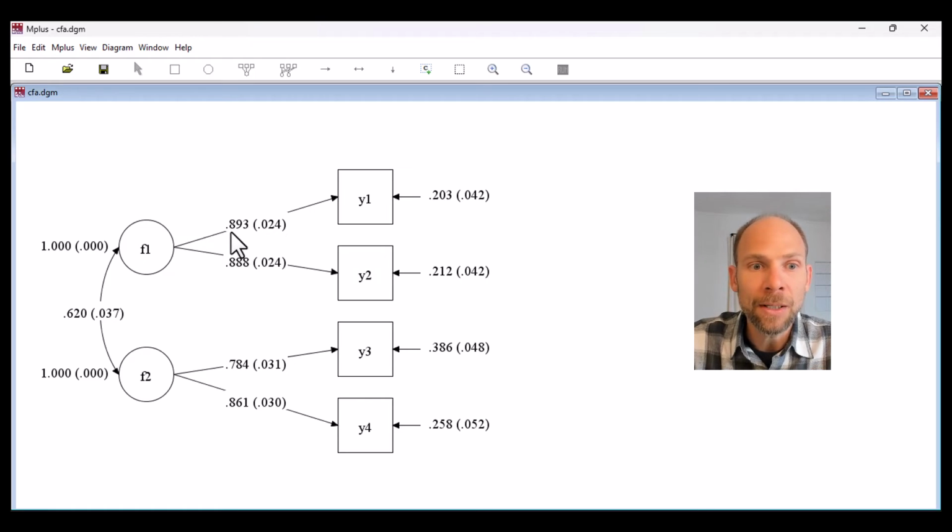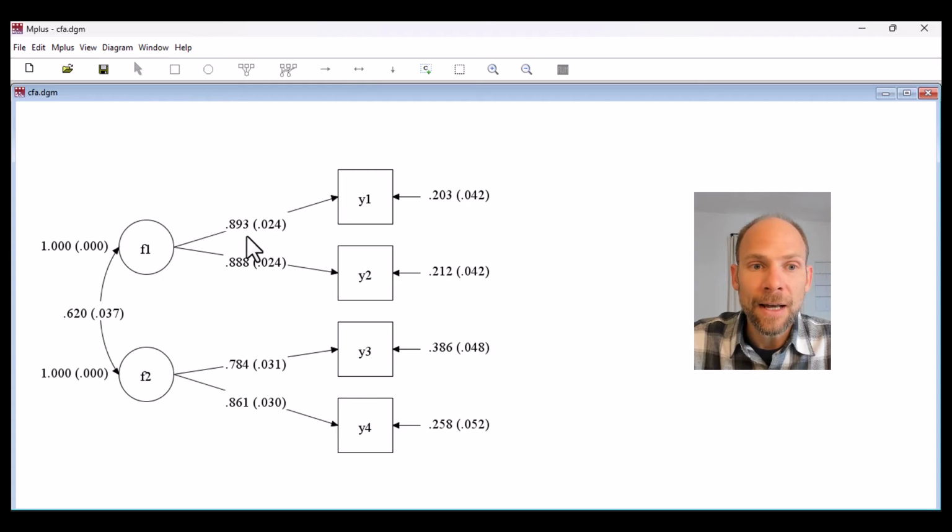For example, the correlation between y1 and f1 would be 0.893 according to these estimates. So there's a very strong linear correlation between f1 and y1, indicating that y1 is a fairly reliable indicator of f1.